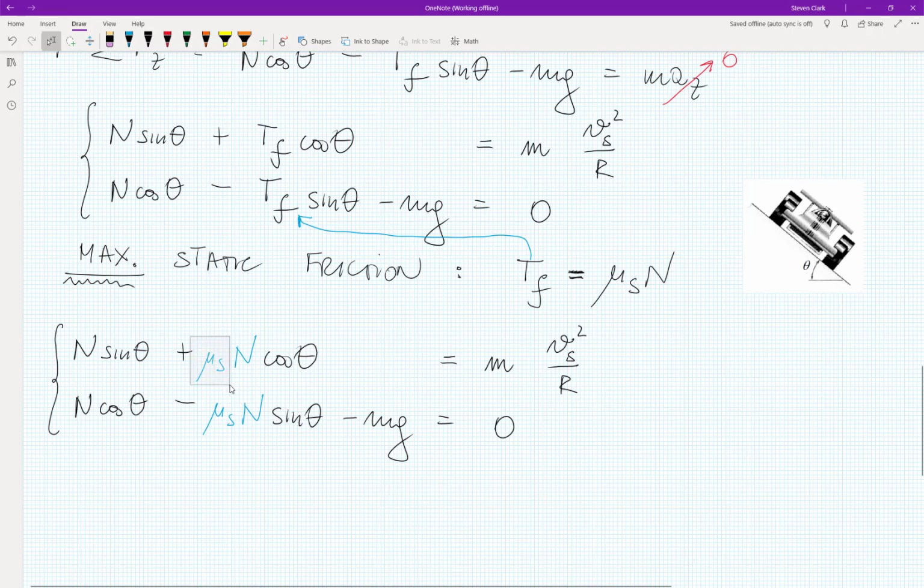For sure, we don't know the coefficient of friction, and we don't know n. And it looks like we know everything else. So that's great, because we can solve it, right? So we have two equations.